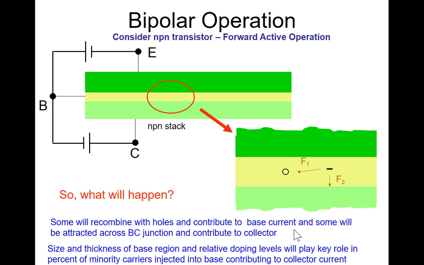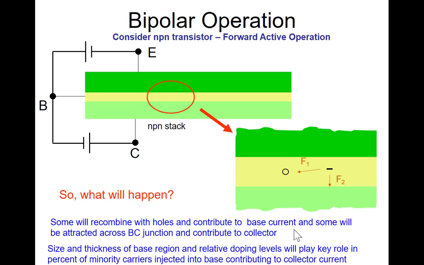Conceptually, we can probably get some idea about what we would want to do to make this structure to have a high percentage of the minority carriers become collector current. If you make that base region real thick, then they'd have a lot of time to recombine with holes and exit as base current.